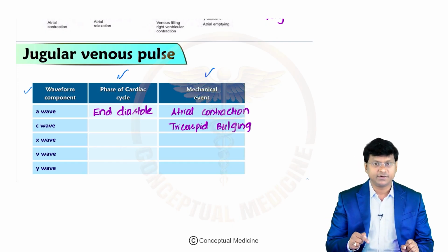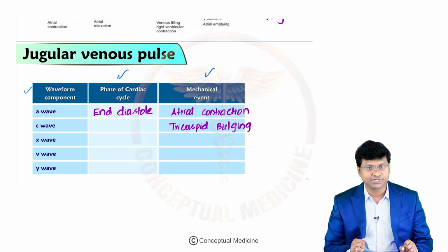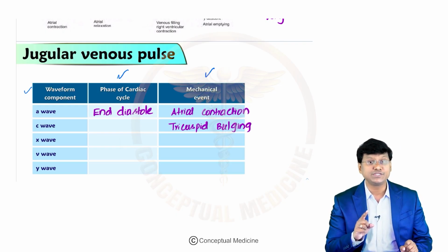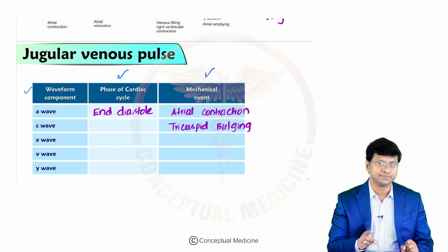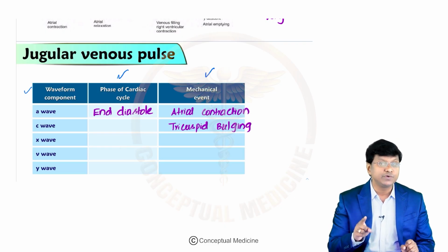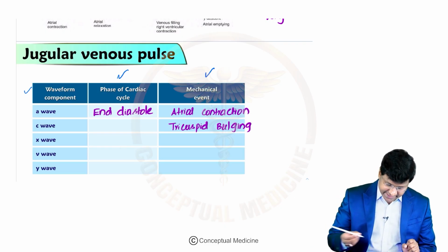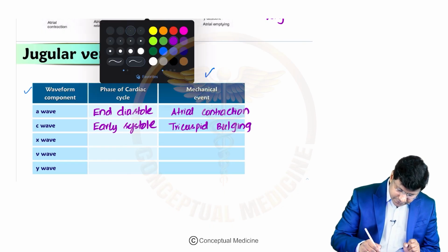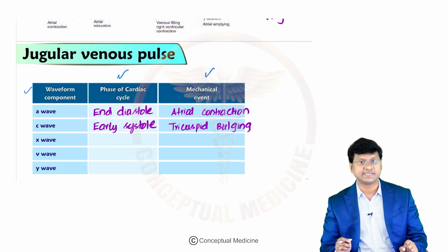So when do you think the tricuspid valve will bulge? What will be the phase of the cardiac cycle? That will be your isovolumetric contraction, and your isovolumetric contraction is nothing but the early systole.